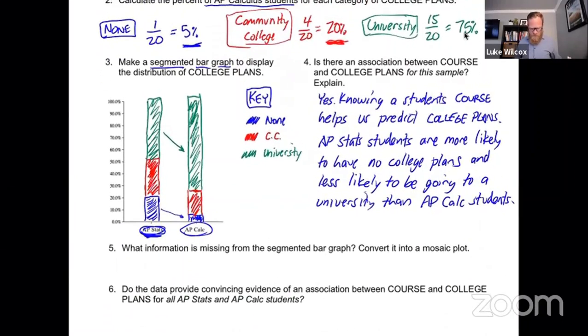What information is missing from the segmented bar graph? Well, here's the thing. If you look at the segmented bar graphs, they show you percents, right? Percents of the total. But what we don't really know is what the total is. And it turns out that these two totals are not the same. We did not have the same number of AP Stats students in our sample as we did AP Calc.